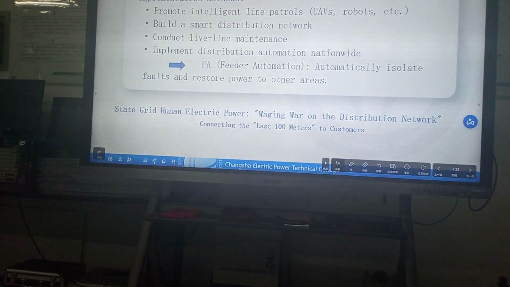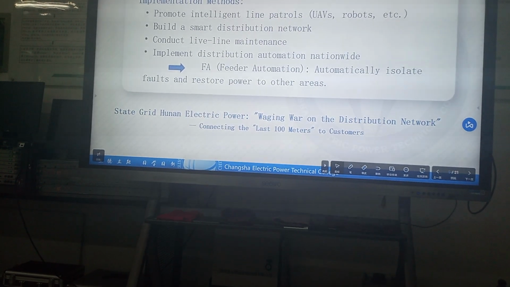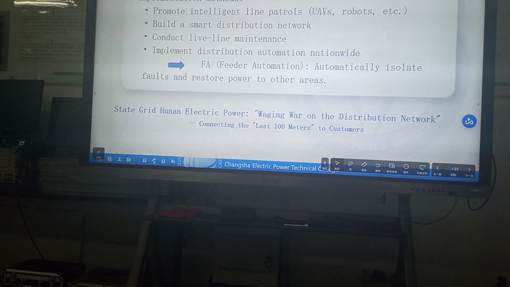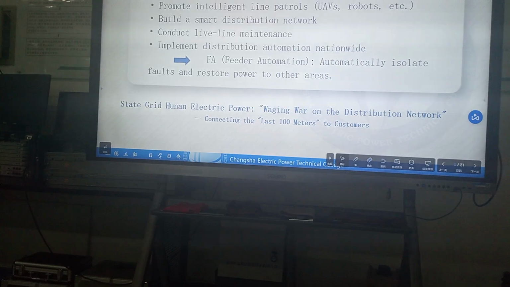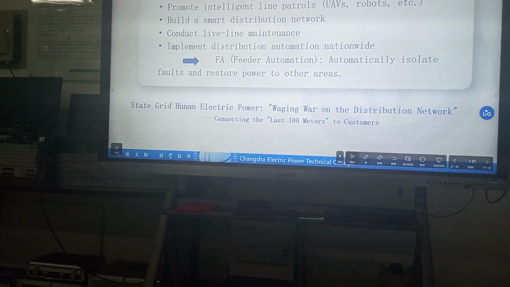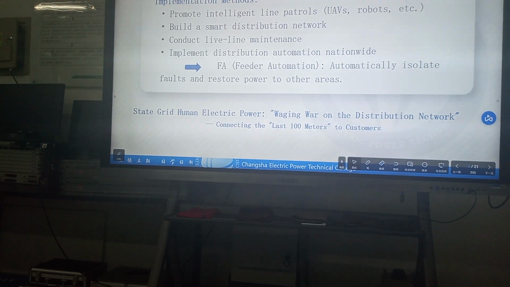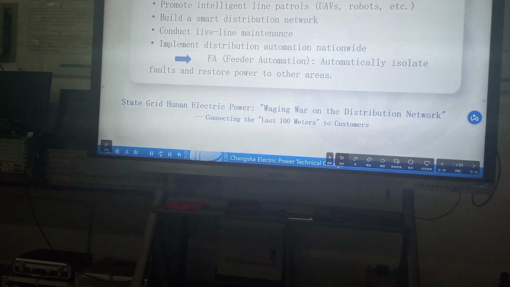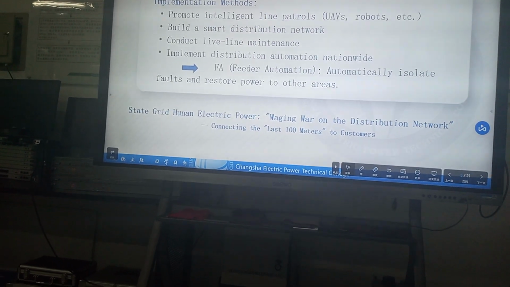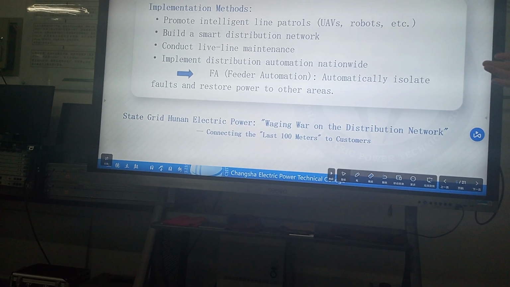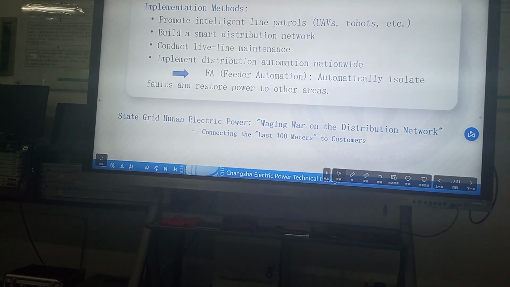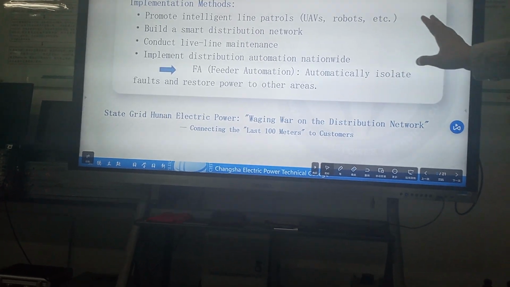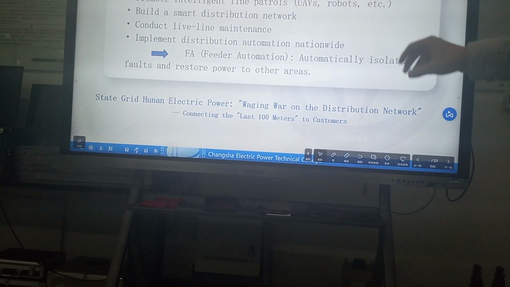Okay. What can you imagine, what can you name about the methods of improving the reliability of a distribution network?